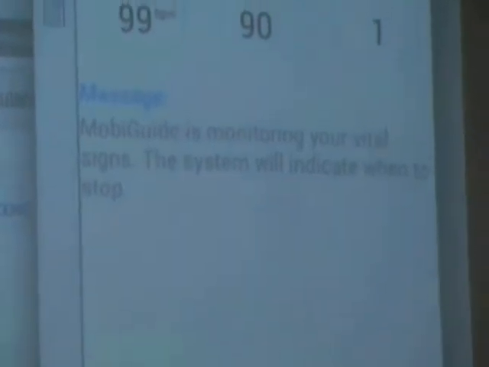So now you saw that we got a notification saying the system is monitoring for a real AF pattern. Now the patient is asked for manual input on what has happened, so in this case, what's your level of palpitation? So she says, not acceptable. And then, please take your pill.